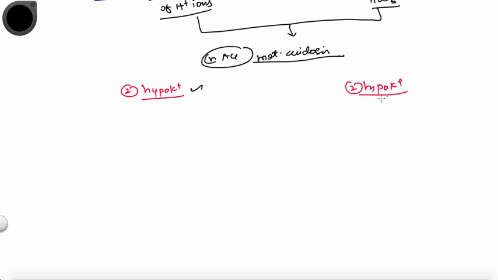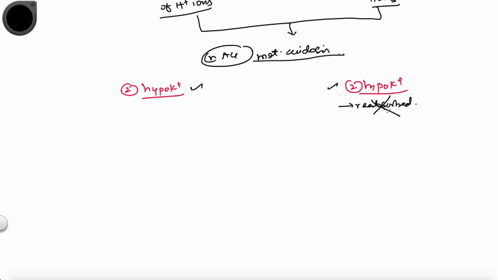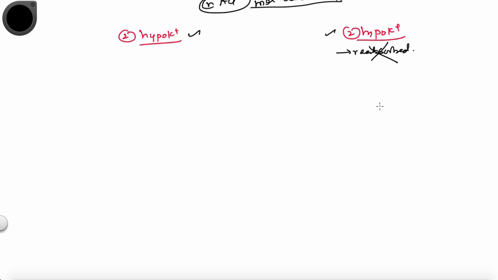And in distal RTA, as I told you about potassium handling in normal homeostasis, almost the entire potassium should be reabsorbed, and in distal RTA this reabsorption of potassium is lost. Since the reabsorption of potassium is lost, you will lose a lot of potassium in the urine, and that might result in hypokalemia.